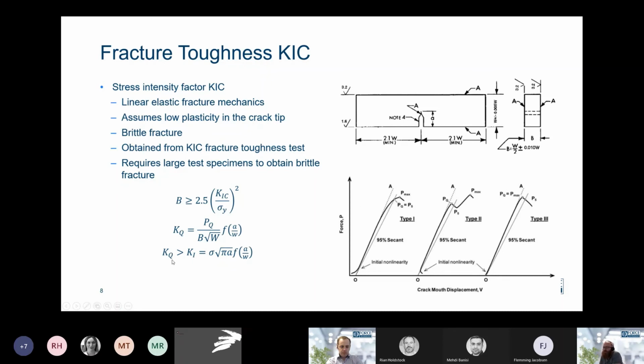In essence, you can say that the tested KQ or K1C needs to be larger than the stress intensity factor K1, which is equal to the applied stress times the square root of pi times the crack height a, and then a geometry factor F, which is a function of the flaw size and the width of the plate, or geometry thickness of the plate you are looking at.